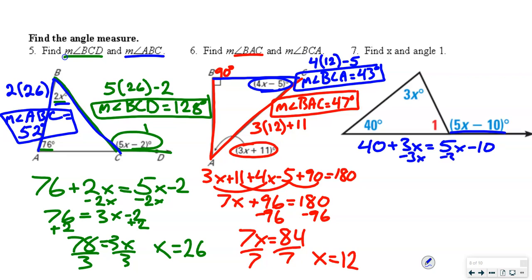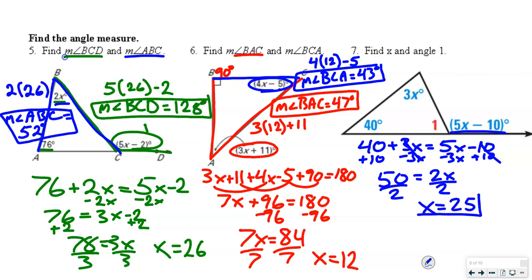So I'll subtract 3x, combine my x's, and add the 10 over to the other side. So we have 50 equals 2x, divided by 2, x equals 25. So that's the first part of our question, find x.